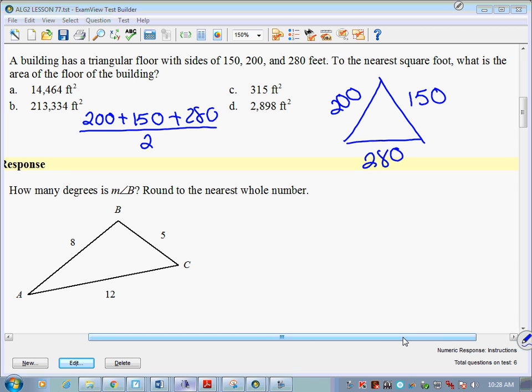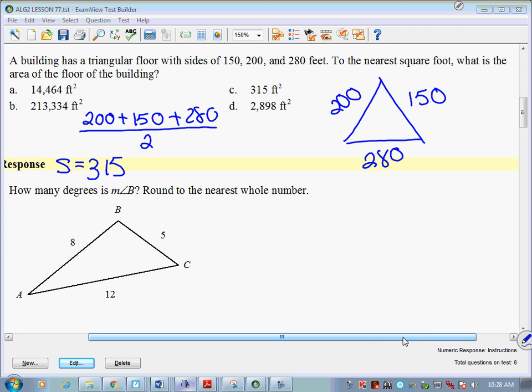What does that give me for S? You already added them up, so have you divided by 2 yet? What did you get when you divided by 2? It's not what I got. You should get 315. So check your math again.